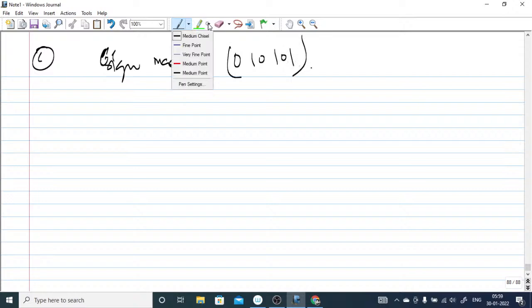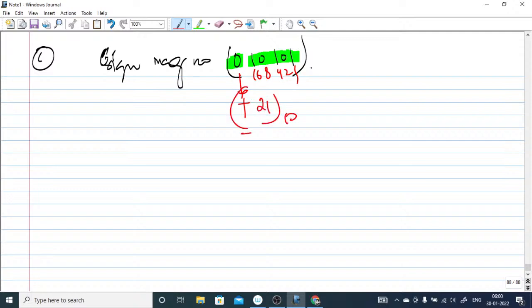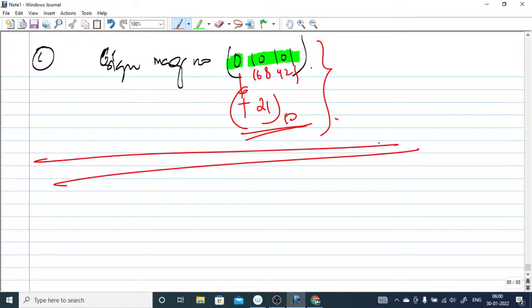The first bit is the sign, the remaining is magnitude. This is a positive number, and with weights 16 8 4 2 1, 16 plus 4 is 20, plus 1 is 21. So this represents 21. It is very easy, sign magnitude form.